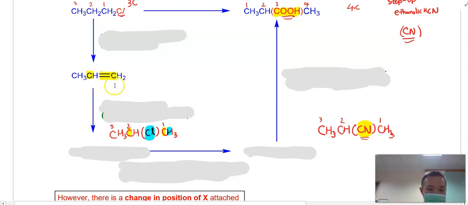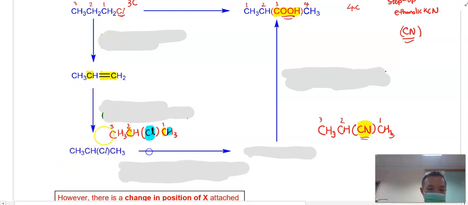My H is my electrophile. The H, following Markovnikov's rule, will be added to the carbon with more H. So at this carbon, you have CH3, and the Cl will be on this carbon. So you can see a series of elimination followed by addition reaction will result in a change in the position of the Cl group. Now with that, let's take a look at the suggested solution.